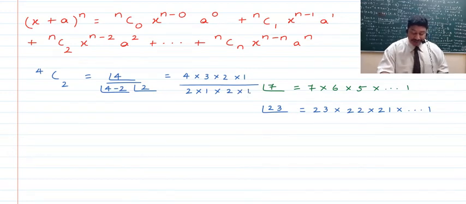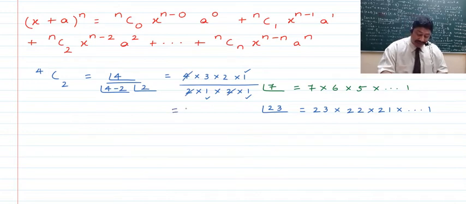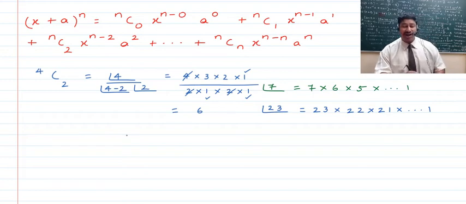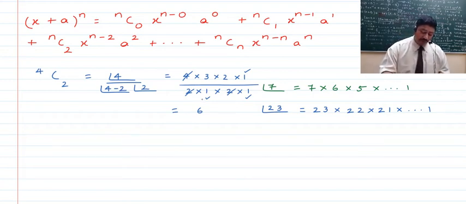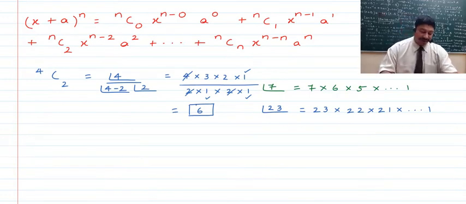Remember, 1, children, wherever it is, is not going to bring any difference because 1 is a multiplicative identity. Now 2 into 2 is going to become equal to 4, which will get cancelled with the 4 in the numerator, and then you will just be left with 6. So this is how you find out the value of a binomial coefficient. Remember, whenever you find out the value of a binomial coefficient, it again comes out to be from the set of natural numbers. So let's quickly look at another example.